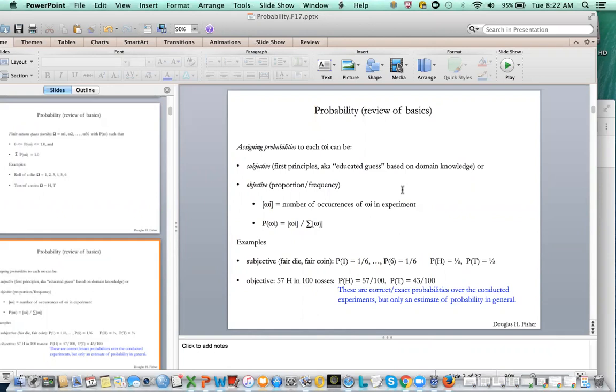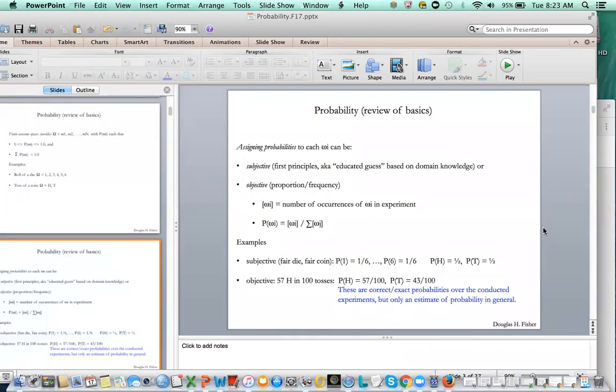So if we talk about a subjective judgment of the fairness of a coin, then we might assign probabilities as in this first example towards the bottom of the second slide: 1/6 to each possible die value, and 1/2 to each possible coin value.